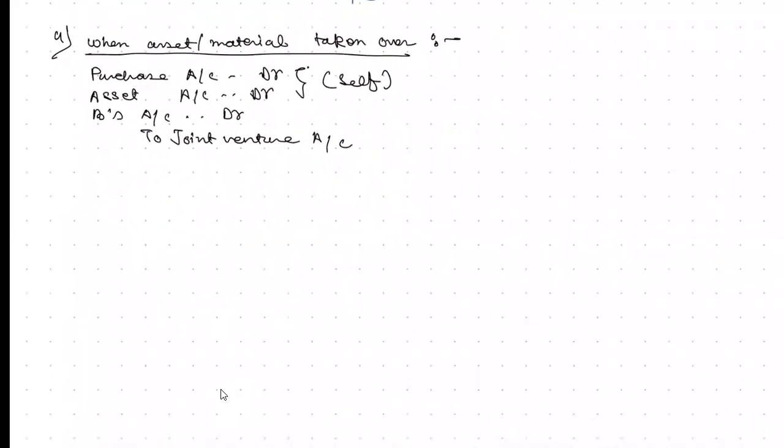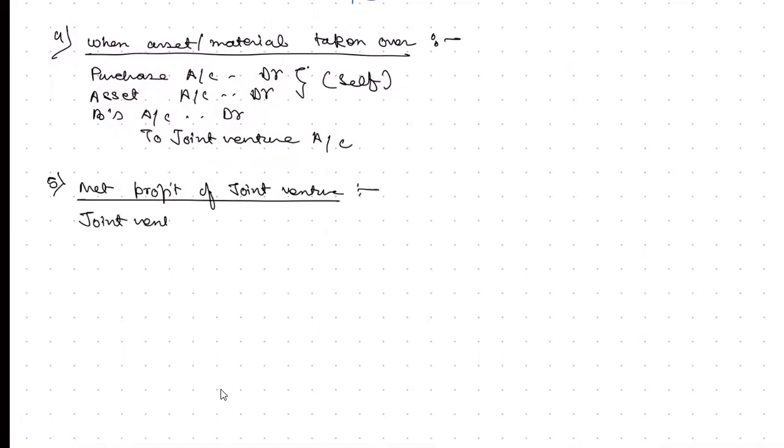Now net profit of joint venture. प्रॉफिट हुआ तो क्या होगा? ज्वाइंट वेंचर अकाउंट डेबिट. ओके. जब वो अपने अकाउंट में ले जाएगा तो प्रॉफिट एंड लॉस अकाउंट, और जब B का देगा तो B's अकाउंट. करेक्ट.